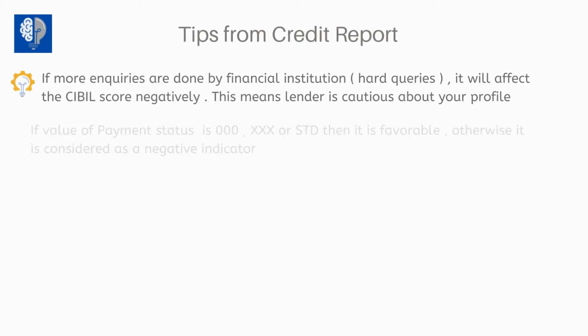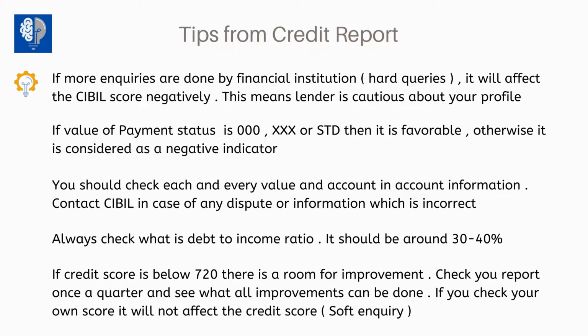Some of the bonus tips which we want to give you: suppose we know there's an inquiry section. Now whenever an inquiry is done by a bank, these are called hard queries and they will affect your CIBIL score negatively. If in the inquiry section you find the names of banks from where you have taken a loan or credit card, that is fine, but if a bank is asking for the CIBIL score again and again, it means there is something wrong and it affects your credit score negatively, which also means that the lender is cautious about your profile.